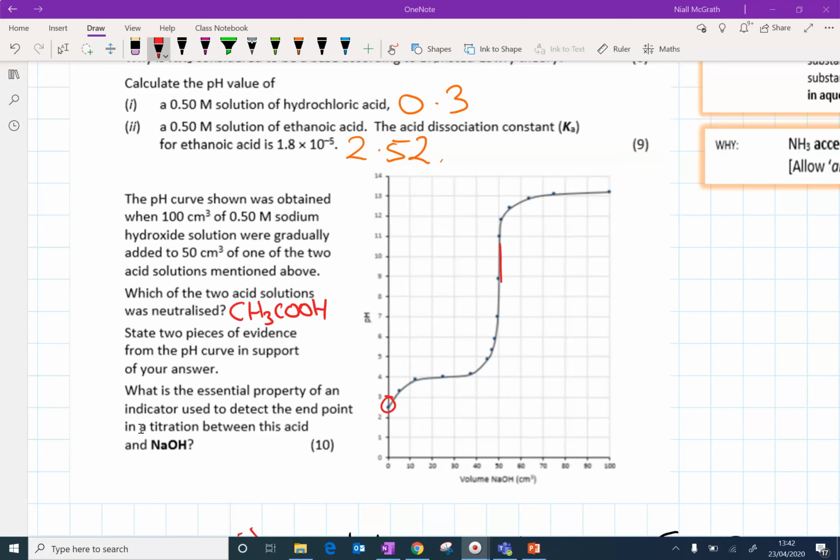Because we have ethanoic acid and NaOH, most of this vertical line in the center is actually above the pH of 7. So pH 7 is there. We have very little of this vertical line below 7, whereas the majority of it is above 7. If you were titrating hydrochloric acid against NaOH, there would be roughly an equal amount of that vertical line between the two.